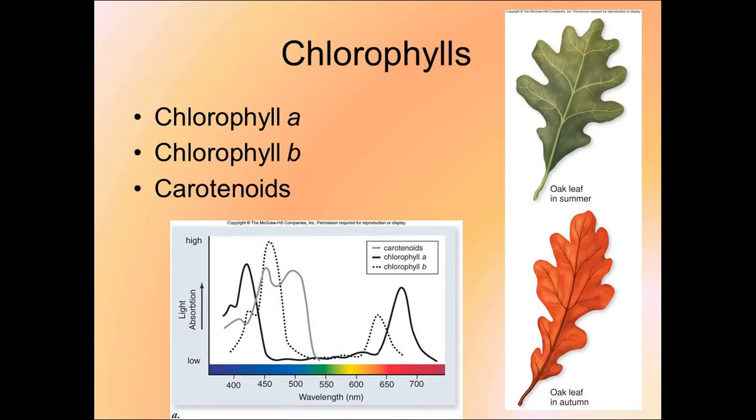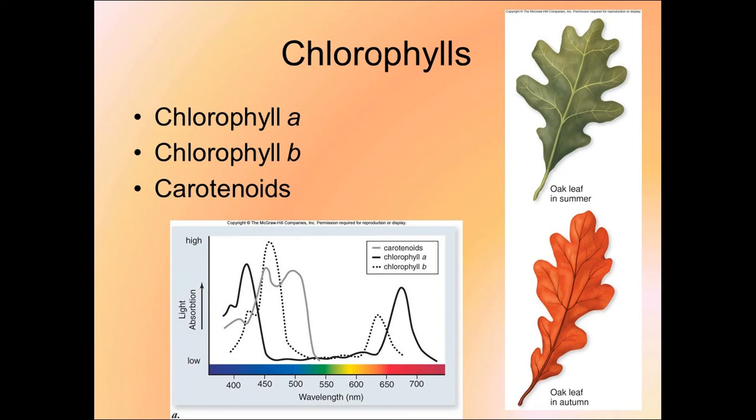There are two types of chlorophyll, chlorophyll A and chlorophyll B. Chlorophyll A is the main pigment in plants and those cyanobacteria and algae that I mentioned earlier. It absorbs violet, blue, and red wavelengths. When violet, blue, and red is absorbed, what our eyes see is green.